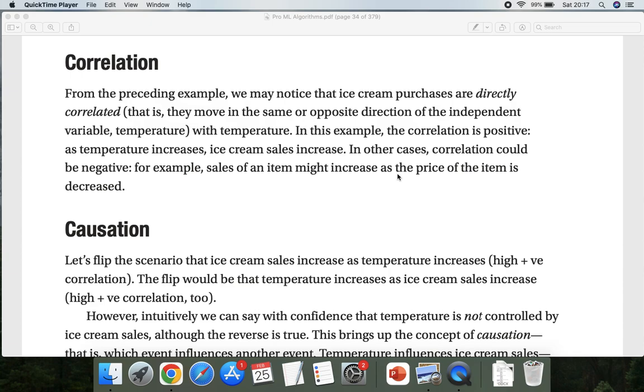In other cases, correlation could also be negative. For example, if an increase in one entity is decreasing the other entity, that will be called negative correlation. So correlation means that you want to establish whether a relationship exists between two or more variables.